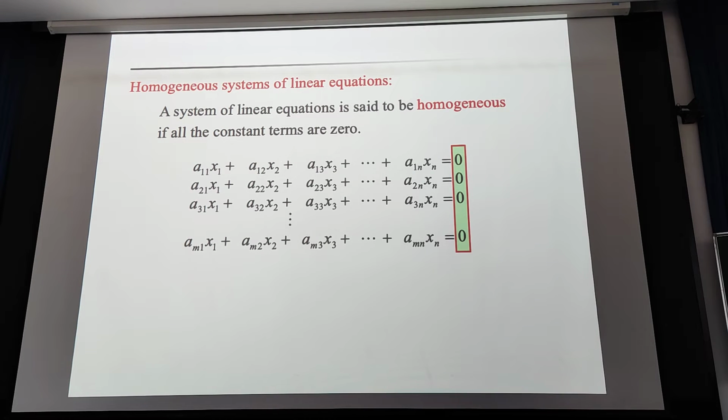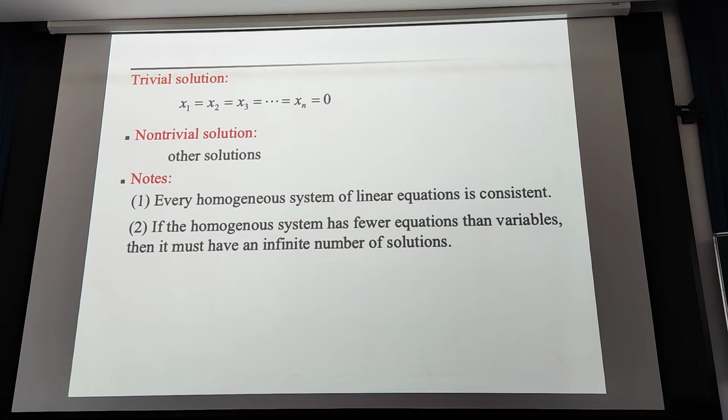The last topic about the system of linear equations is the homogeneous system of linear equations. By homogeneous, I mean the right hand side of each equation is 0. So for that, you know that the system always has a solution x1 equals x2 equals xn equals 0.